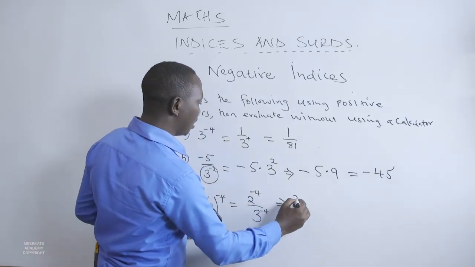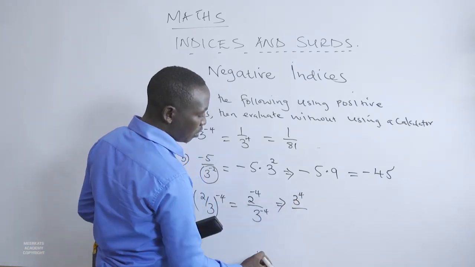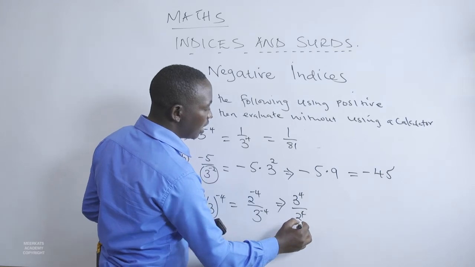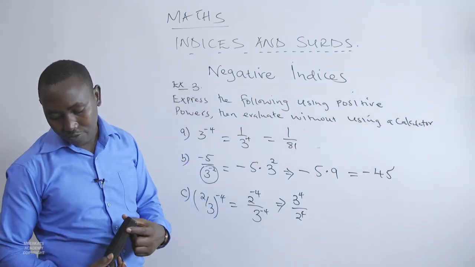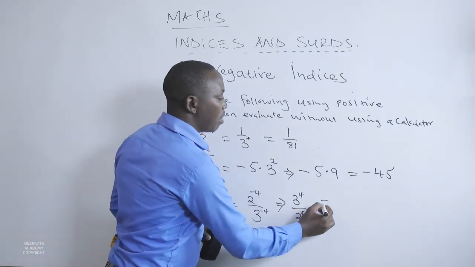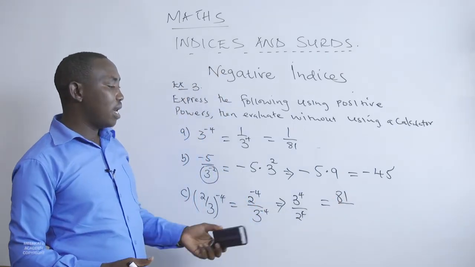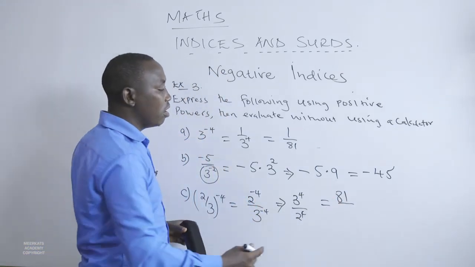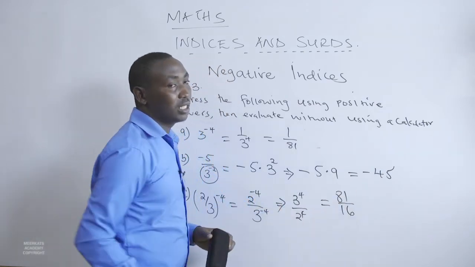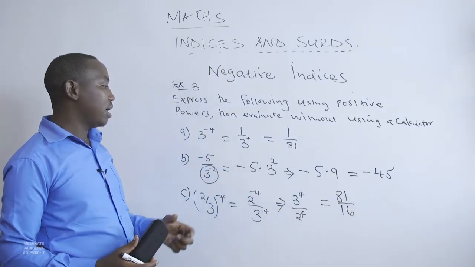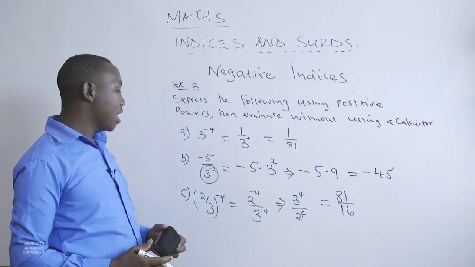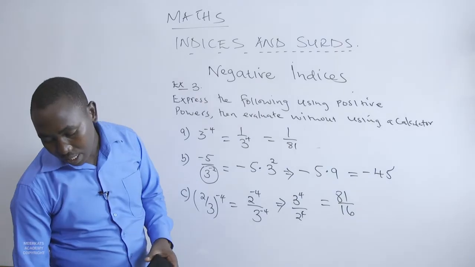So this will be 3 raised to the power of 4 over 2 raised to the power of 4. Now 3 raised to the power of 4, previously we saw will give you 81, while 2 raised to the power of 4 will give you 16. So we have 81 in the numerator and 16 in the denominator.